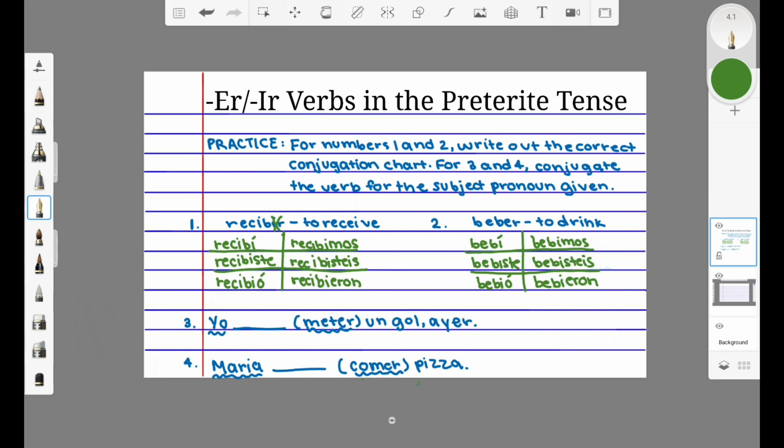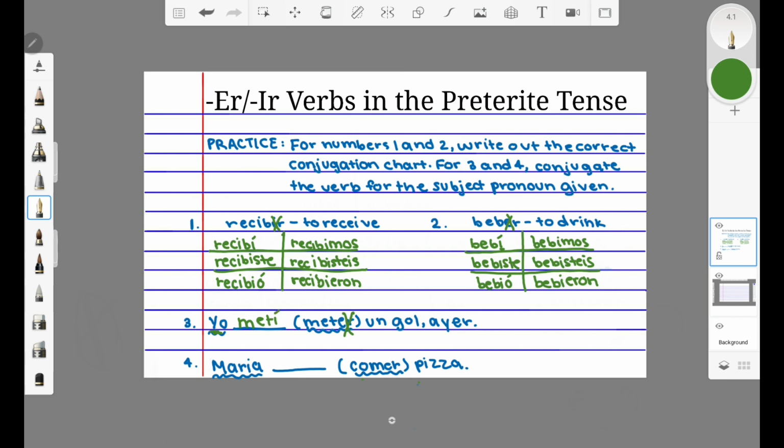Alright, number 3. Yo, we have to conjugate meter un gol ayer. Alright, so ER verb, we're going to take off the ER, just like we did in this one. Add in the yo form ending, which is the í.